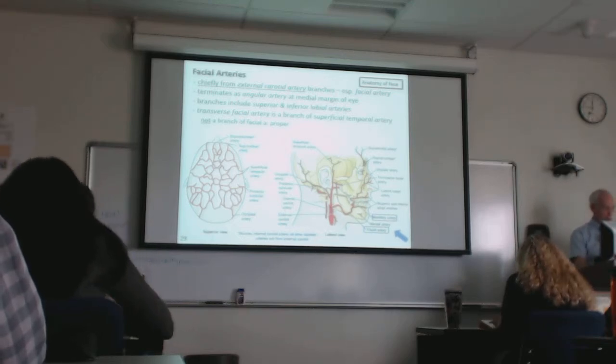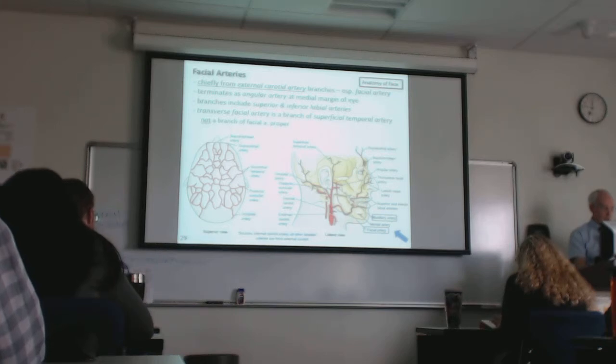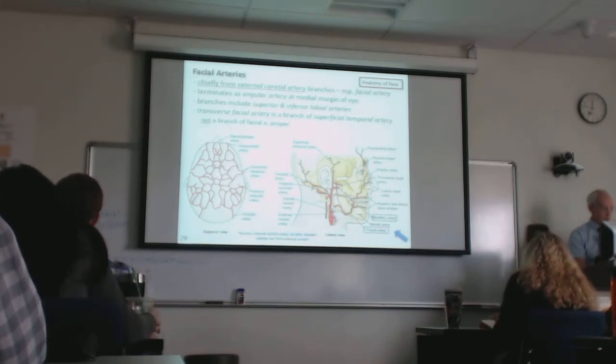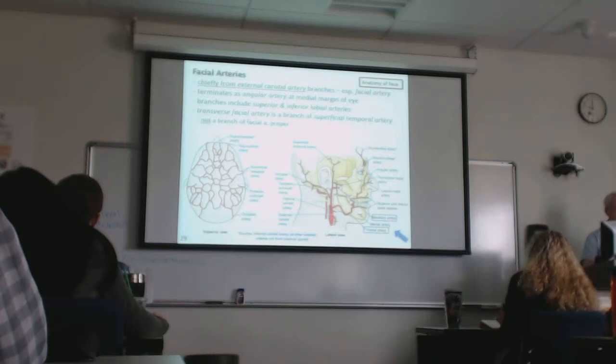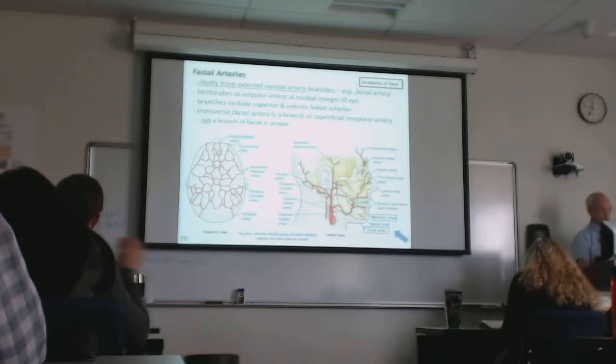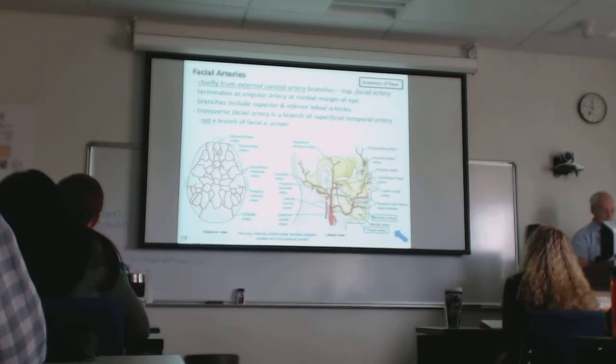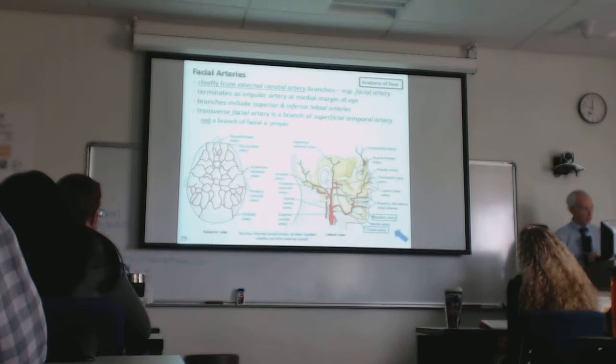But at this point, I also want you to begin recognizing some of these major blood vessels that emanate directly from the external carotid. Most inferior, or at least anatomically, would be the facial artery that you see here. You can sort of see it curves around the mandible there. First inside the mandible, then emerges about midway to the exterior.